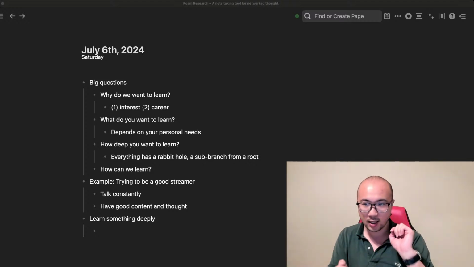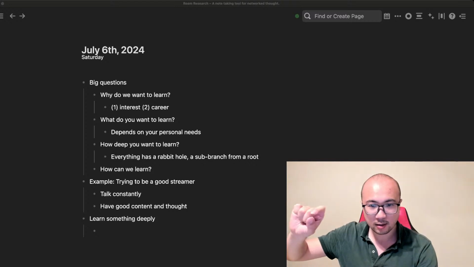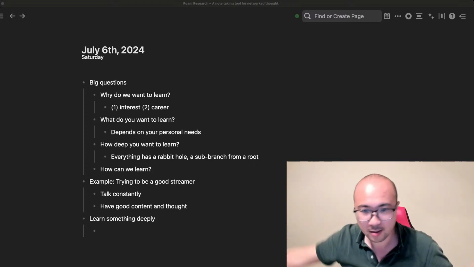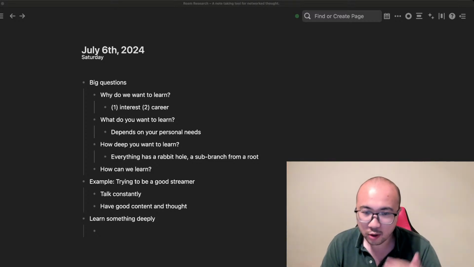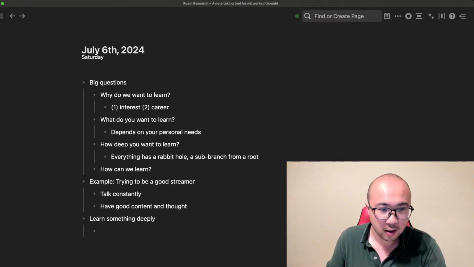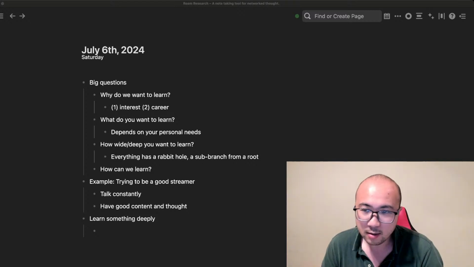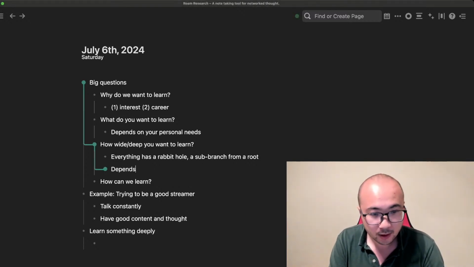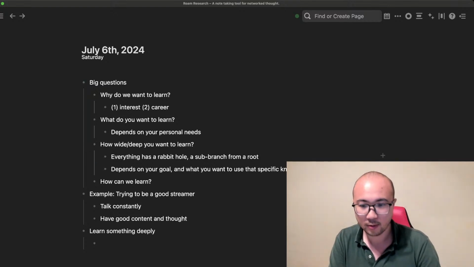It has a root, it has a main branch, and there are sub-branches, and sub-sub-branches, something like that. It spreads out, right? So if you want to learn something, it depends on how wide or deep you really want to learn it. I think that really depends on your goal and what you want to use that specific knowledge for. Right.